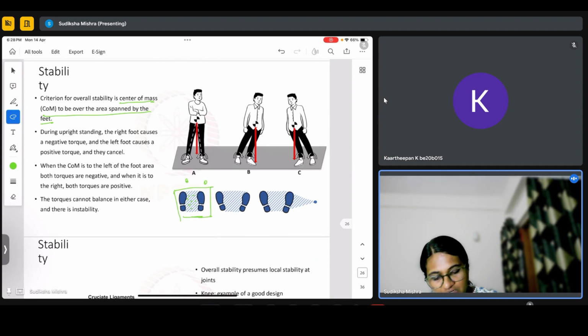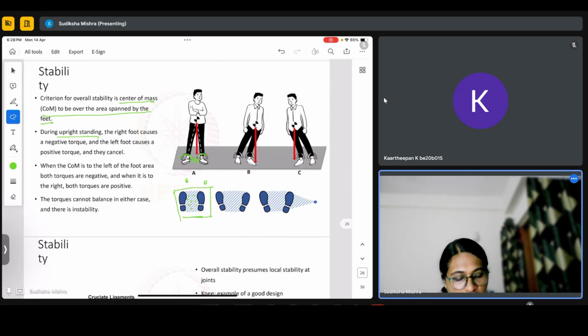So, in upright standing, the right foot causes a positive torque, and this foot causes a negative torque, and they cancel.